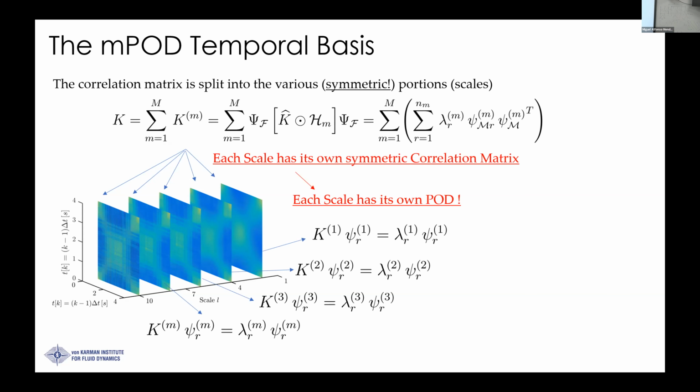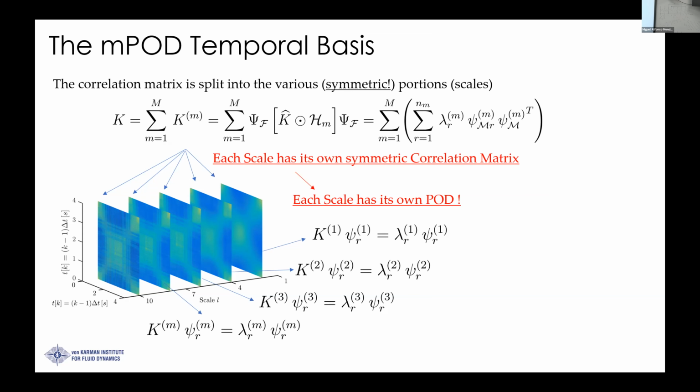And what is beautiful is that the PODs of the various scales are mutually orthogonal if you filter the things well. Okay, so the POD modes of scale 1 are orthogonal to the POD modes of scale 2 or scale 3 and so on.